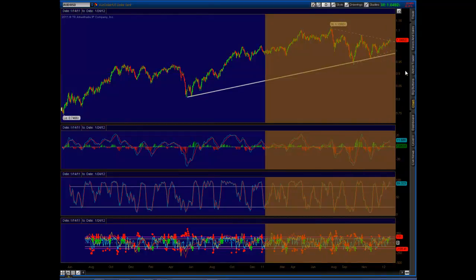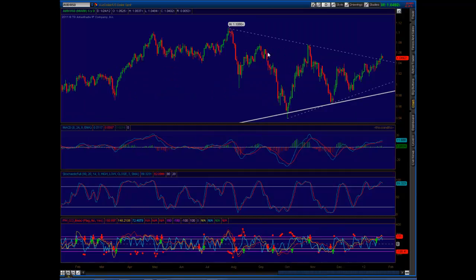This is the daily chart, and we've been in an uptrend, but we've also done a consolidation pattern called a symmetrical triangle, which depicts what's going on with US dollar strength. So this is getting stronger as the US dollar is getting weaker. We broke through this dotted downtrend line.